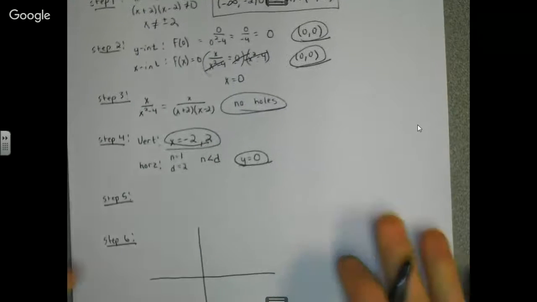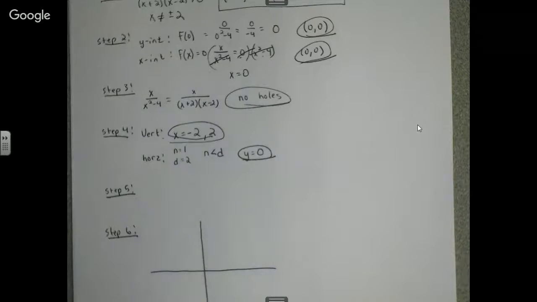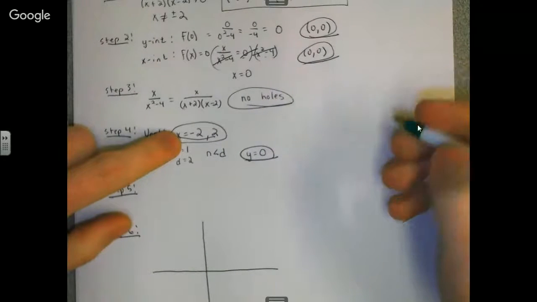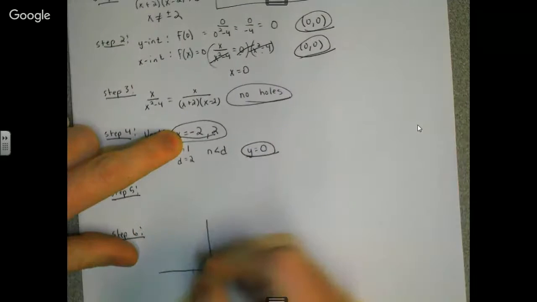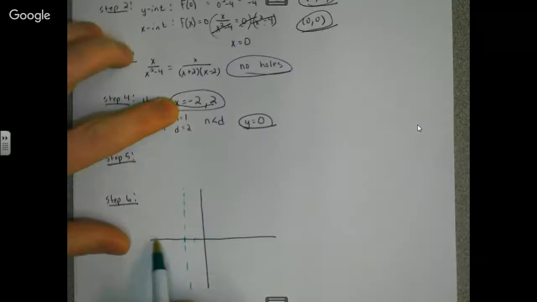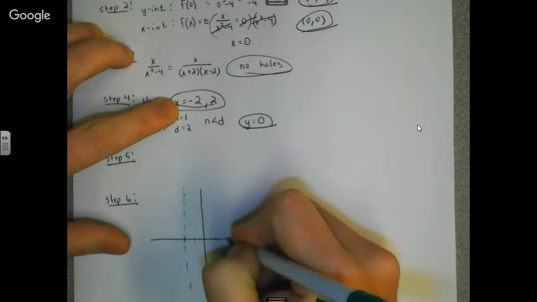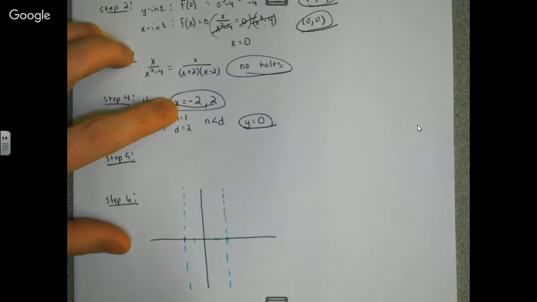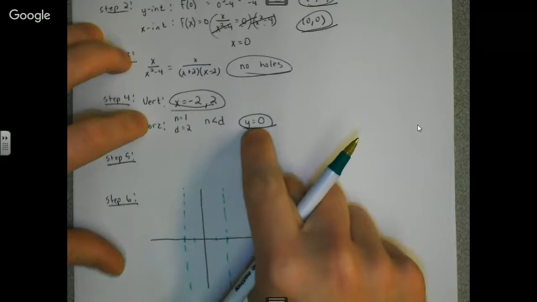We first want to mark out my step 4, my asymptotes. I have a vertical asymptote at minus 2, so I have this line that I cannot cross. I approach it from one of these directions. And I also have one at positive 2. I have a horizontal asymptote at y equals 0.